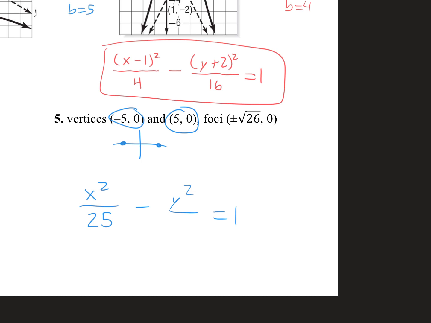So we square that to get 25. All right, the foci is c units away from the center. So c has to be rad 26. We plug into this equation to find the only one we're missing, which is b squared. A squared is 25. C squared is 26. So b squared has to be 1.